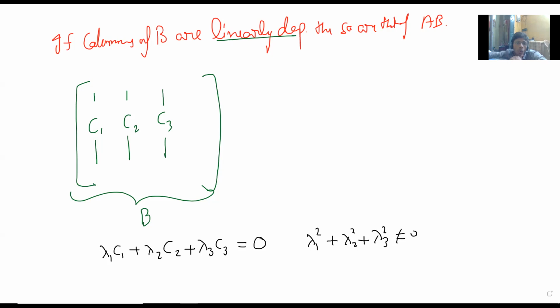Over the reals. Obviously we assume that these are over reals, though being over reals is surprisingly not a good thing in this theory, but for now we assume it. In this exam it is obviously real, so it's fine.